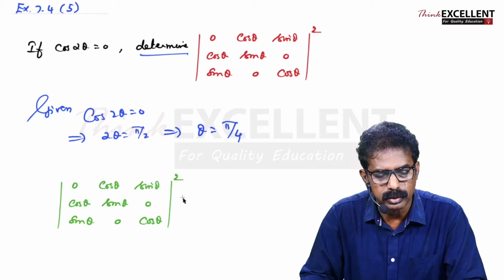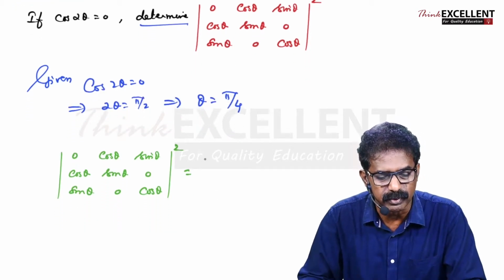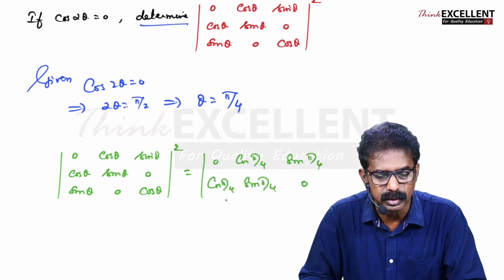So what I'm going to do, wherever theta comes, you put pi by 4. So what you get: 0, cos pi by 4, sin pi by 4; cos pi by 4, sin pi by 4, 0; sin pi by 4, 0, cos pi by 4.